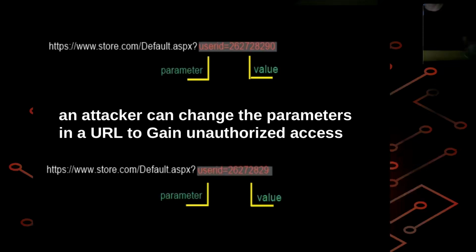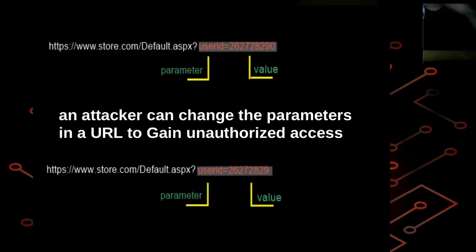The second website is the same with the file and the user ID parameter and its value. As you can see, these values are not the same because it's about the user, it's about the user account. So in this case, an attacker can change the parameters in the URL to gain unauthorized access.